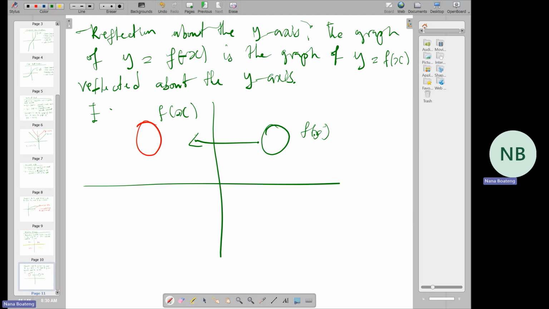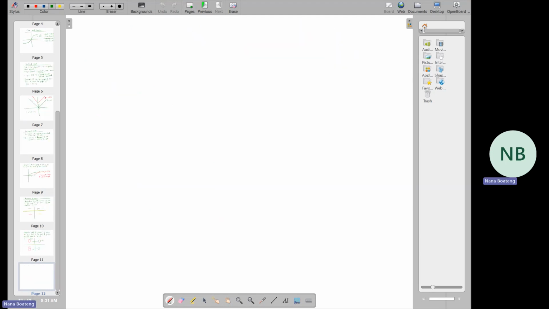Or if it is here, then it's going to come here. So that is reflection along the y-axis. All right, so let's look at an example. So this should be our third example.